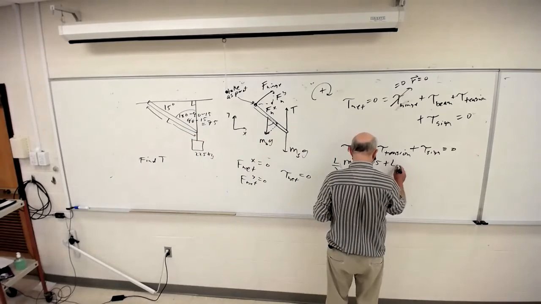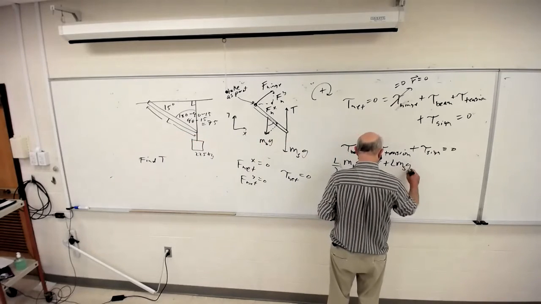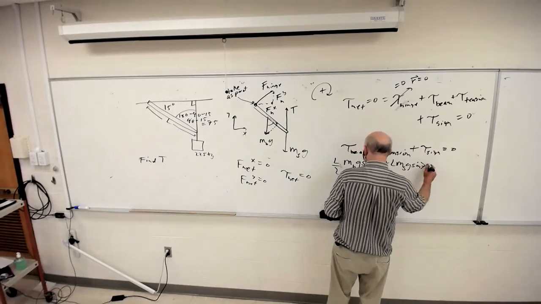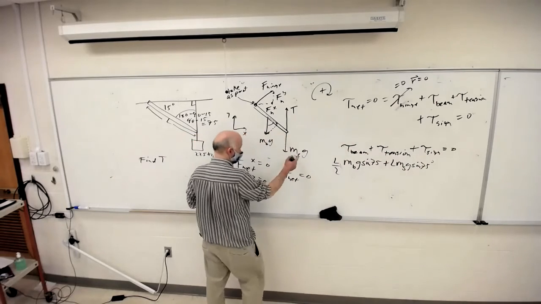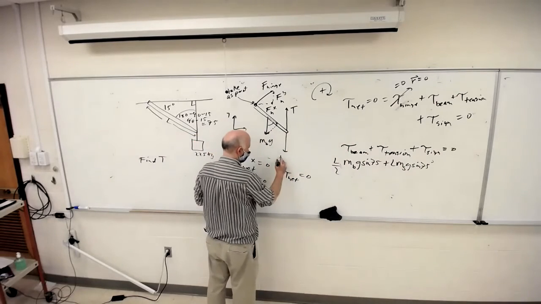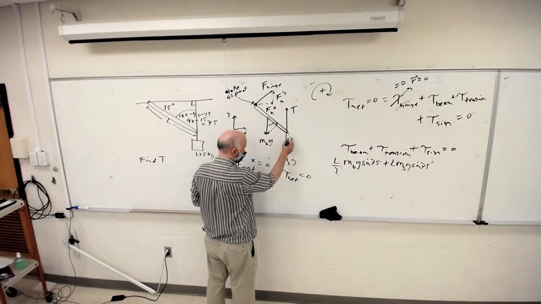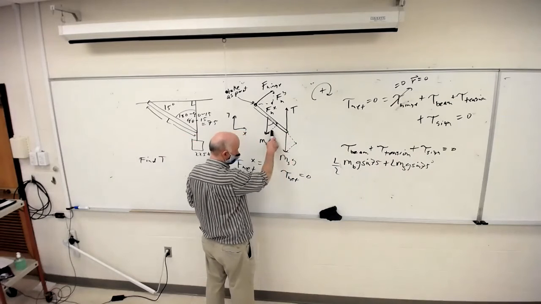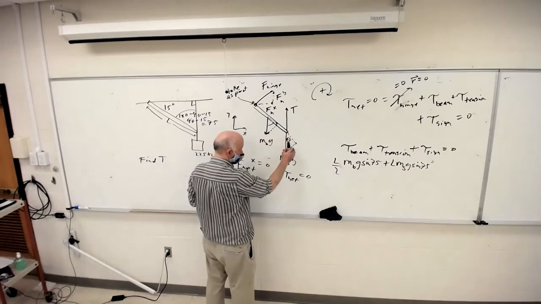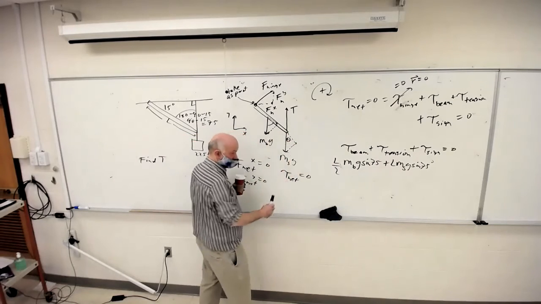So it's going to be the L over 2, MG, sine of 75, because again, what we're doing here is I can take this guy here and break it up. This component here, this is your theta. This is the component causing the rotation.